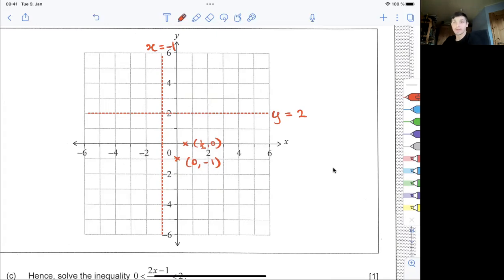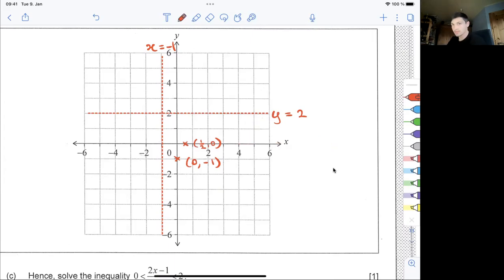Now, in part two of question A, we talked about the limits as x tends to positive and negative infinity. All right, and we found that our function tends towards 2. So as x tends towards positive infinity, our line tends towards this line y equals 2, but never quite touches it.